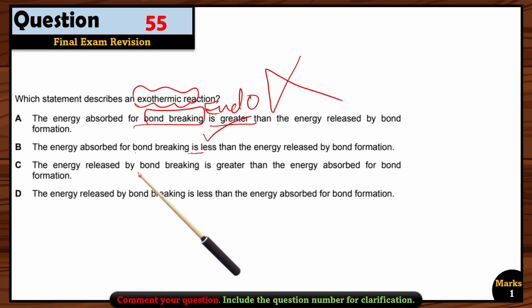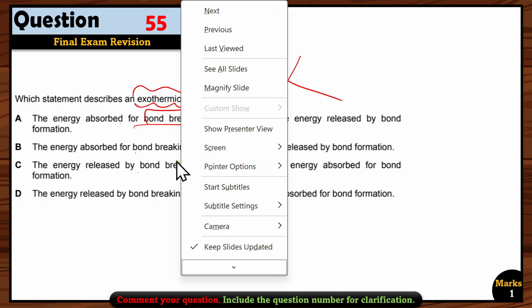The energy released by bond breaking. Again, the statement is wrong because energy is never released when the bonds are broken. The bonds are broken with the help of activation energy, and that energy is actually the energy absorbed, energy taken in to break the bonds. Energy is never released when bonds are breaking, it is only released when bonds are made.